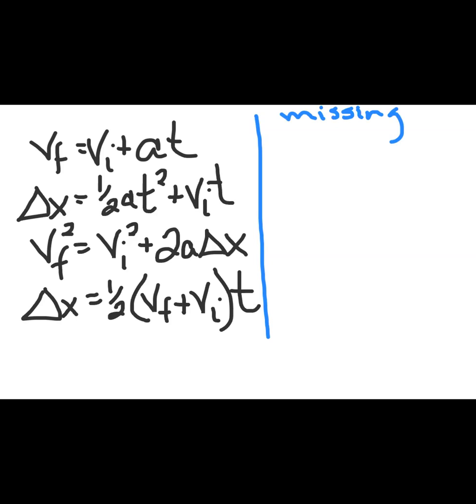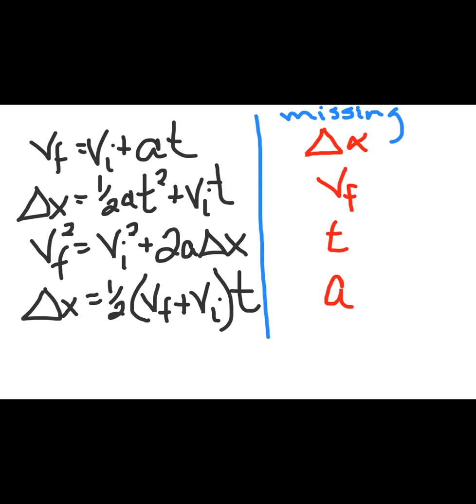But if you notice in this first equation, it's missing delta x. The second equation is missing v final. Our third equation, we're missing time. And here in our fourth, we're missing acceleration.